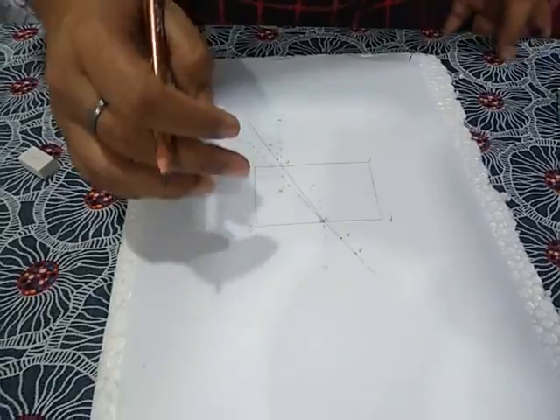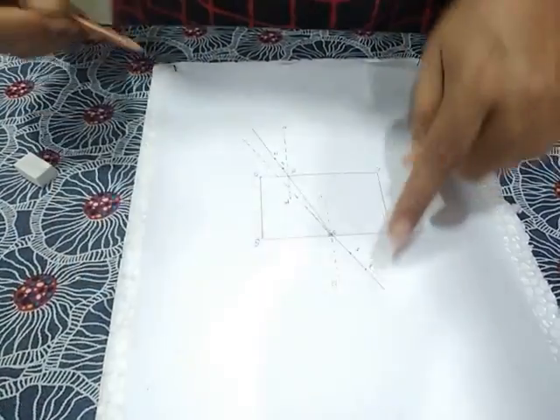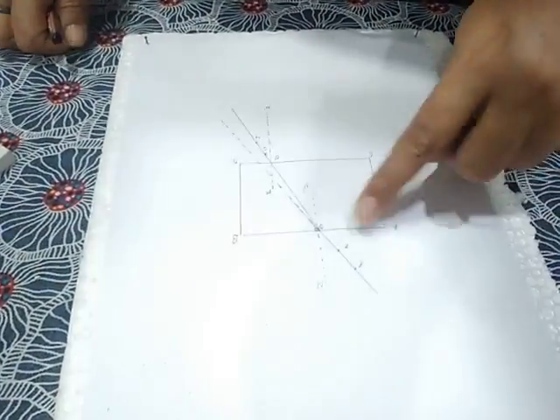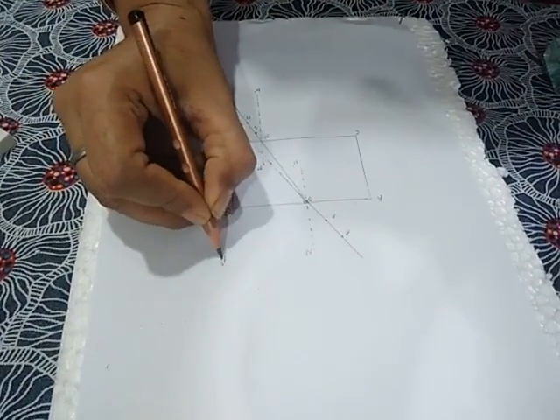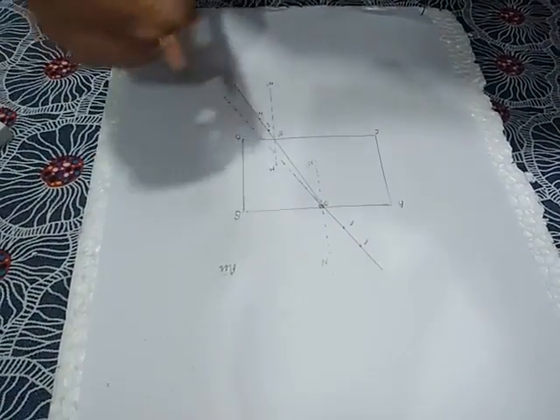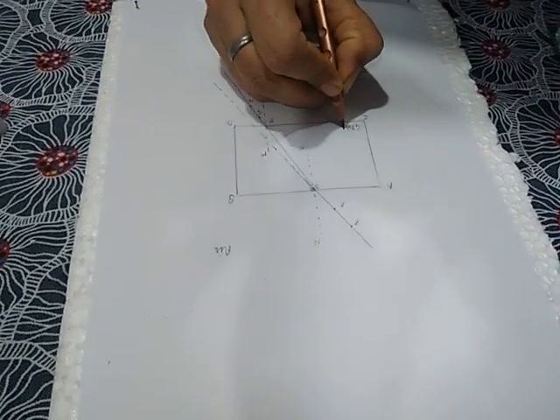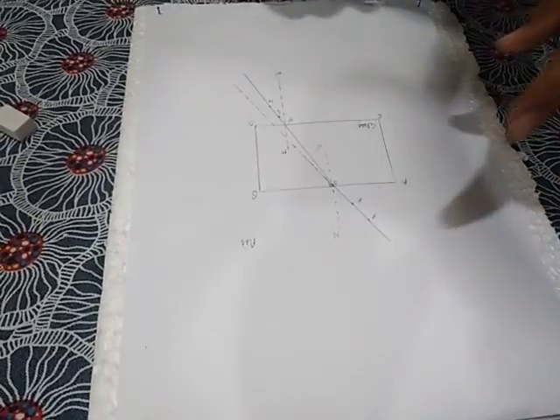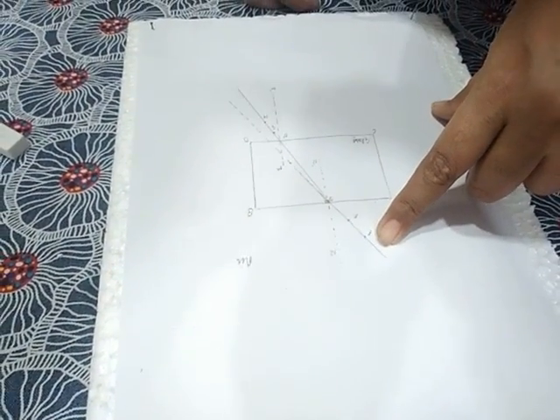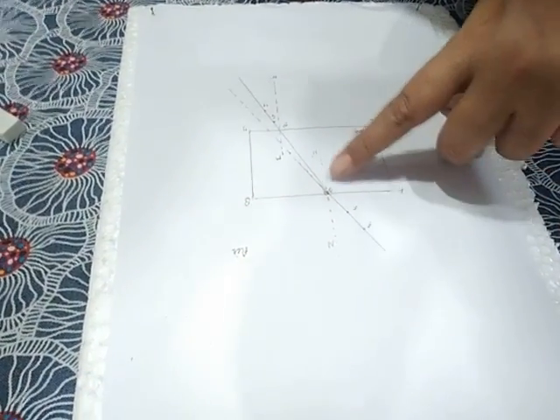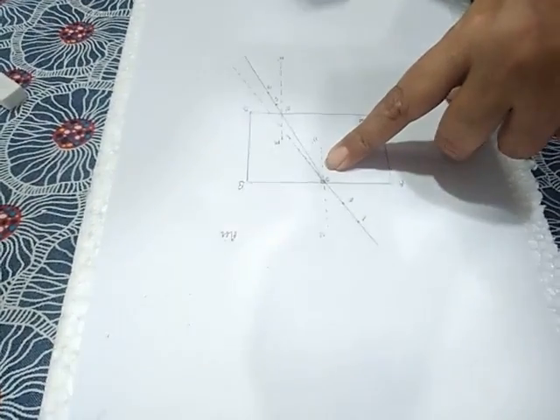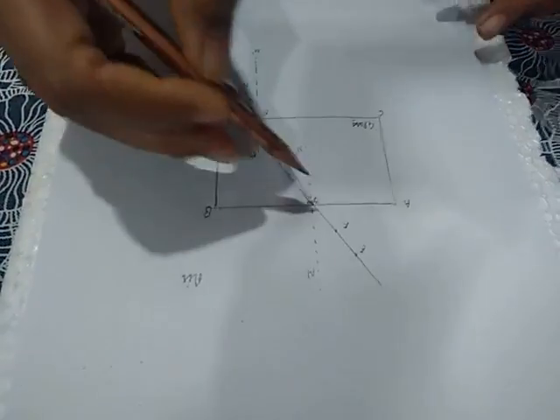Now you can see, students, when light travels from the rare medium, this is the air medium, and this is the denser glass. What will happen when light travels from the rare to the denser medium? It bends towards the normal. You can see it bends.